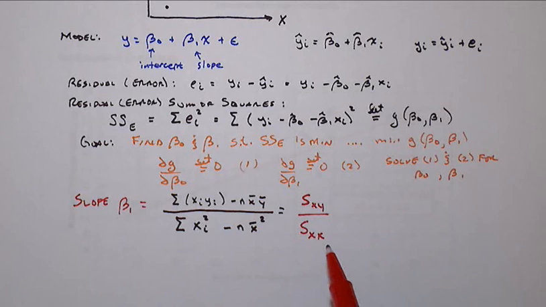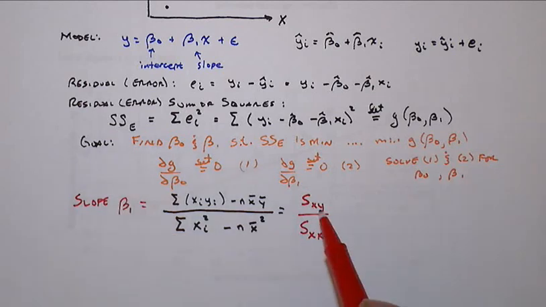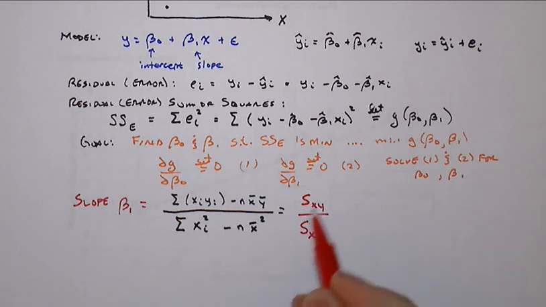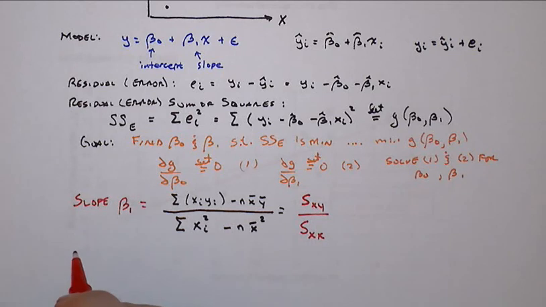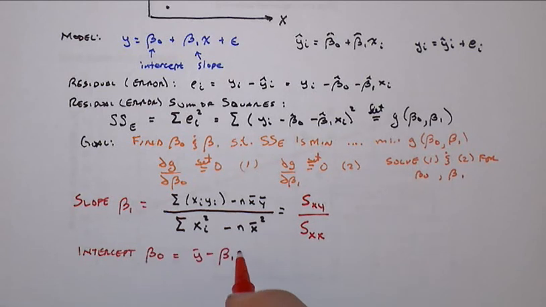Where you have to be real careful in your usage of these is that we've got these double capital S's, and we also have such things as lowercase s with just one subscript. It gets very confusing potentially, and you have to be quite careful. But this is just shorthand notation to make our development, our communication, and looking at computer output a little bit easier. The intercept value, beta naught, is going to be equal to y bar minus beta 1 times x bar.